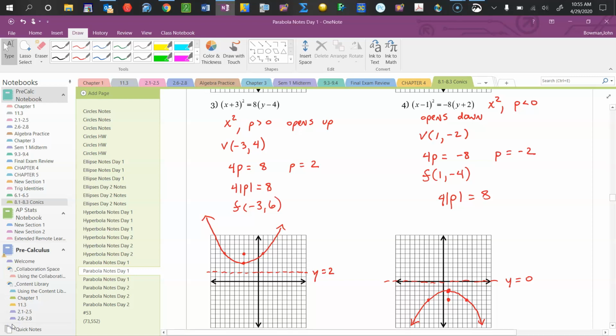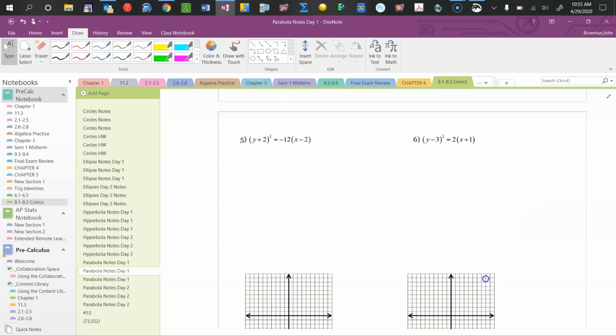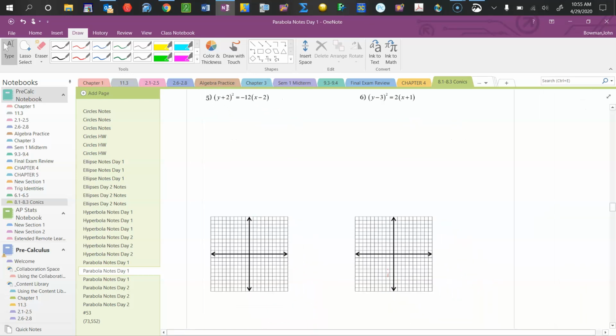All right, so we're going to do a few more problems like this, and then we're going to move on and take a couple of parabolas in general form and put them into standard form. So when I take a look at number 5, here's what I see. I see that the y term is squared and p is less than 0.